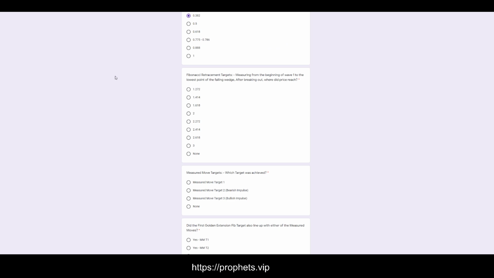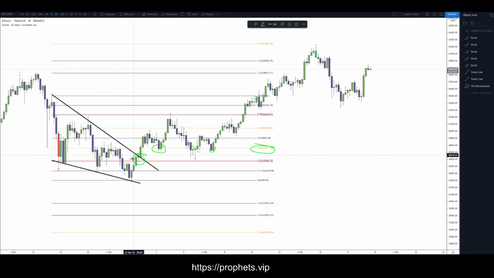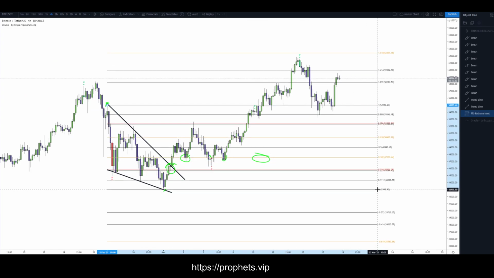Next, Fibonacci retracement targets. Measuring from the beginning of wave 1 to the lowest point of the falling wedge, exactly what we've just done, we can reuse that one. After breaking out, where did price reach? Price broke out here, and where did price finally reach? Let's drag that across to there. This is still a work in progress.